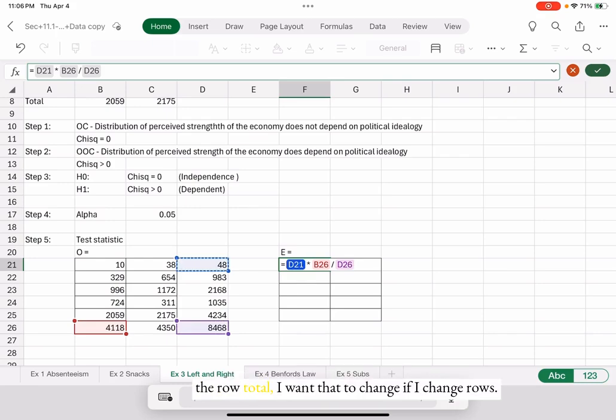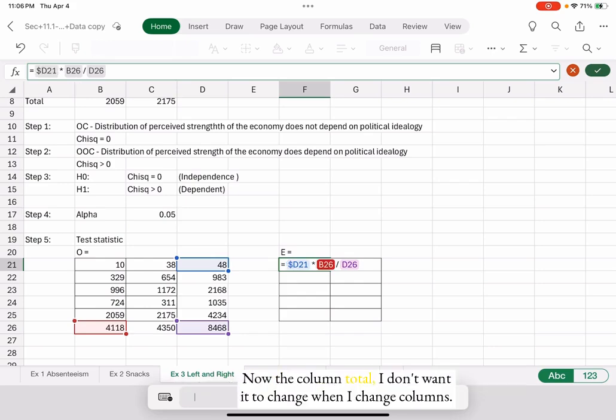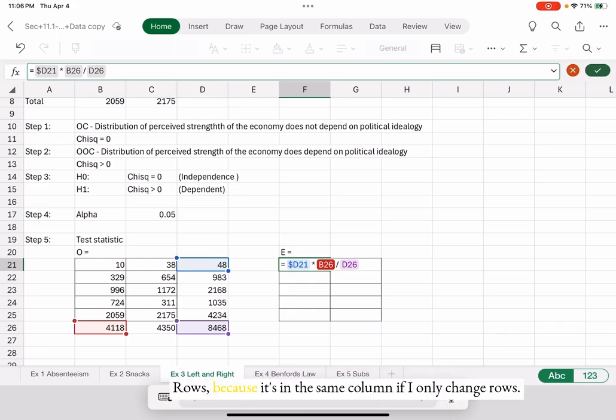The row total, I want that to change if I change rows. I don't want it to change if I change columns. So the column designation, which is D, must stay the same. Now the column total, I don't want it to change when I change rows, because it's in the same column if I only change rows.